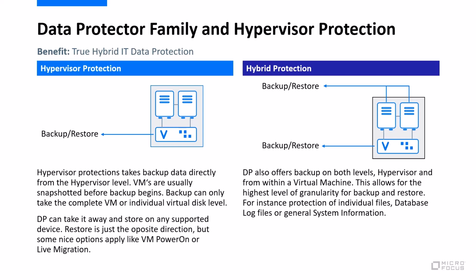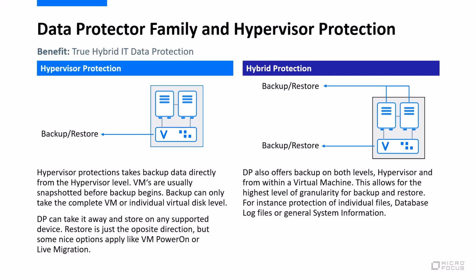Data is directly pulled from the virtual machine hypervisor stack, and usually this is done by creating a snapshot of virtual machines and then pulling it off by certain backup APIs. With Data Protector, you also have the opportunity to back up individual items from within the virtual machine, and that's something that is not available by direct integration with the hypervisor. So we're leaving it a choice for our customers.